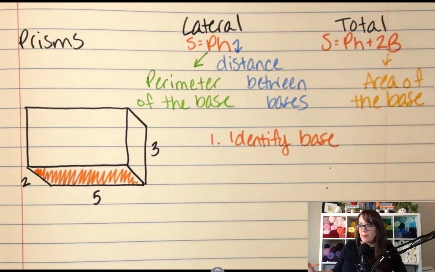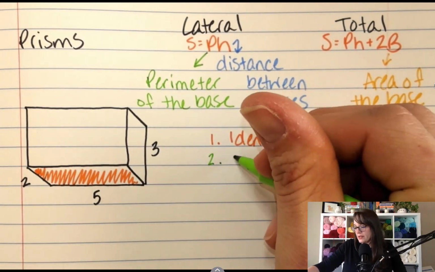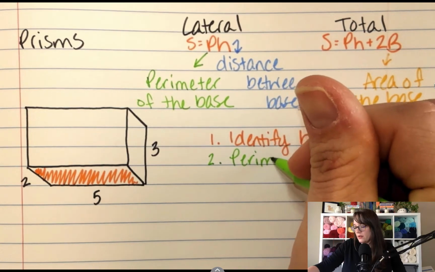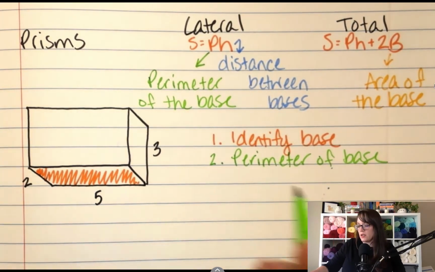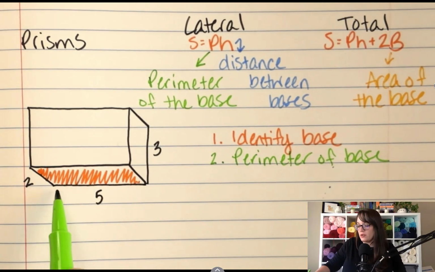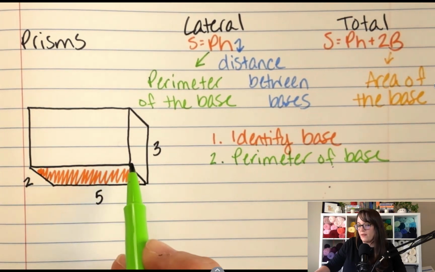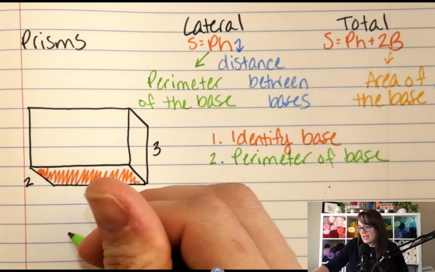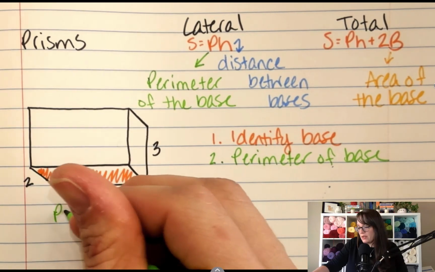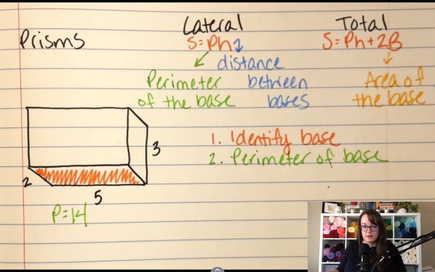Then I need to find the perimeter. So step 2, what is the perimeter of the base? So this is 5, 2, 5, 2. What is the perimeter of the base? 14. So capital P equals 14.